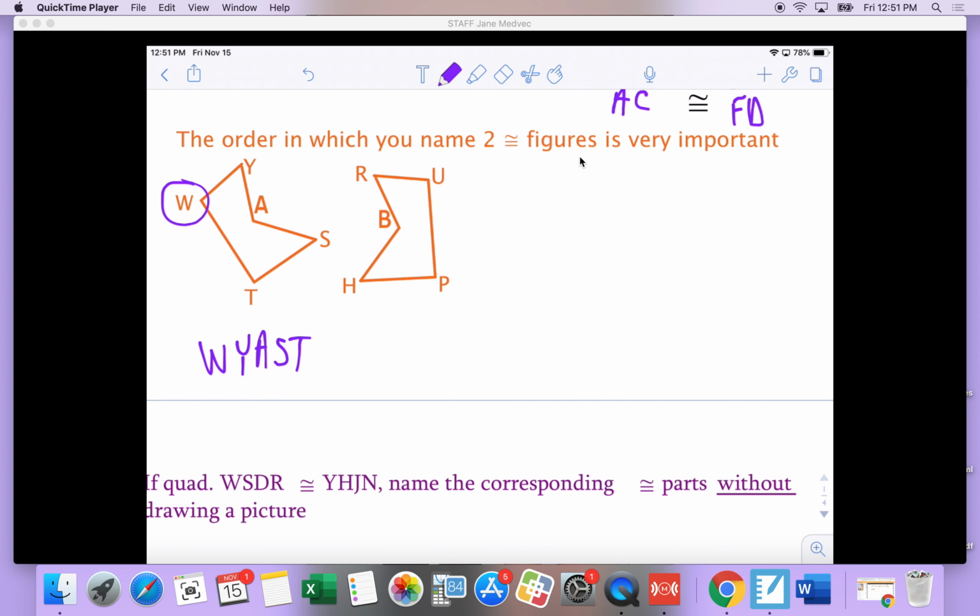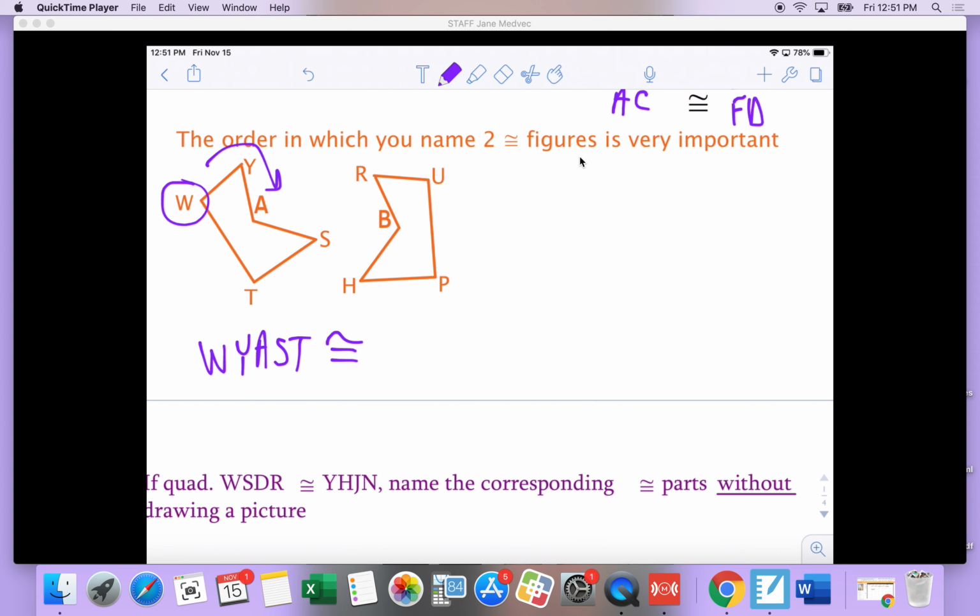This is going clockwise. I could go counterclockwise if I want to, but I'm not going to jump like WSTY. I'm not going to do that. They've got to be in order. You can choose W first, you can choose Y first, it doesn't matter.